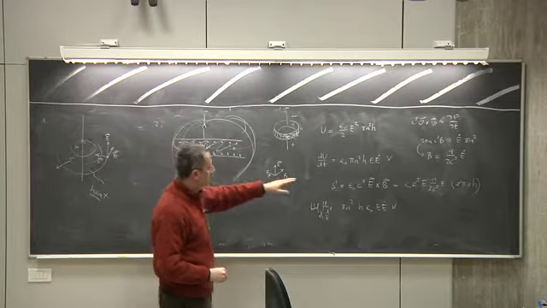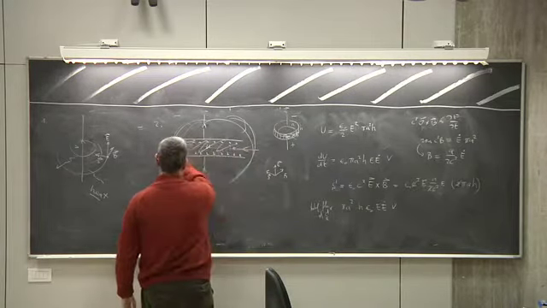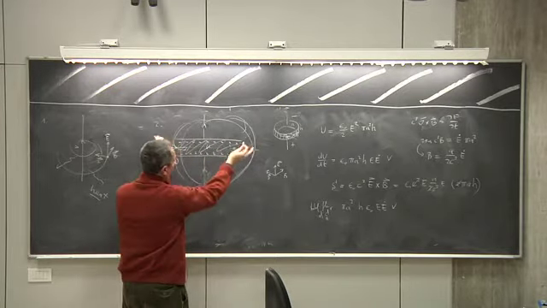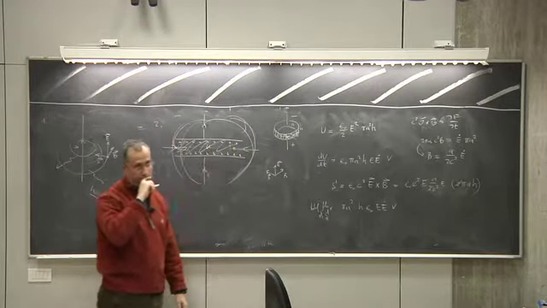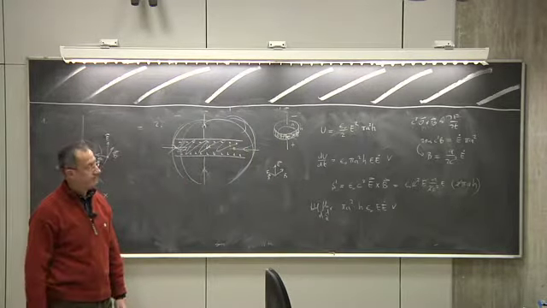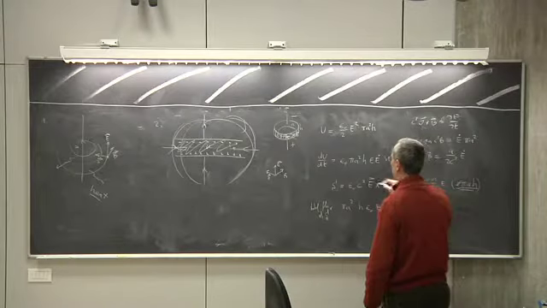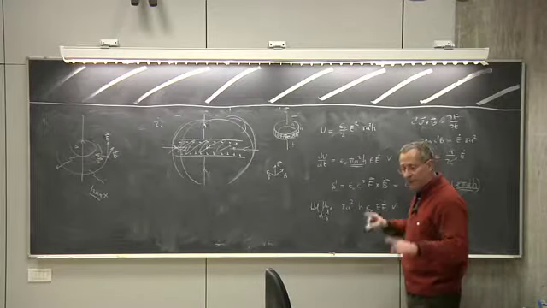So there I have to take the volume. On the other hand, the flux of the Poynting vector is coming from outside as it crosses this surface. So there is just the surface. So this was this surface, 2 pi a h, and here was the volume pi a squared h. And the two match.